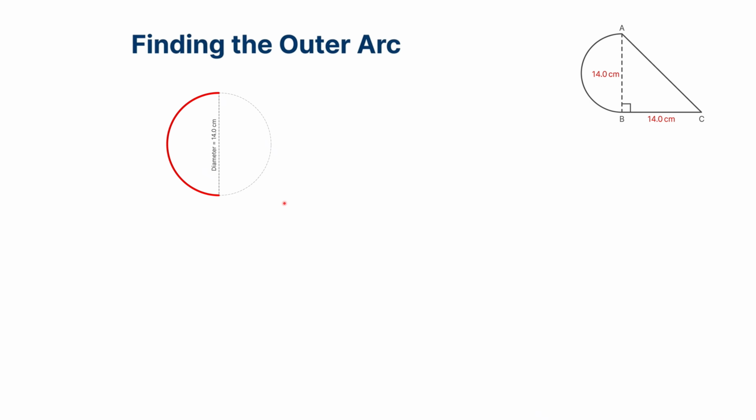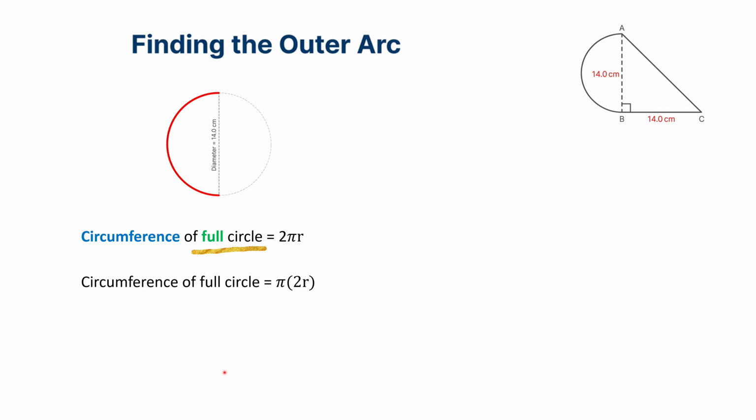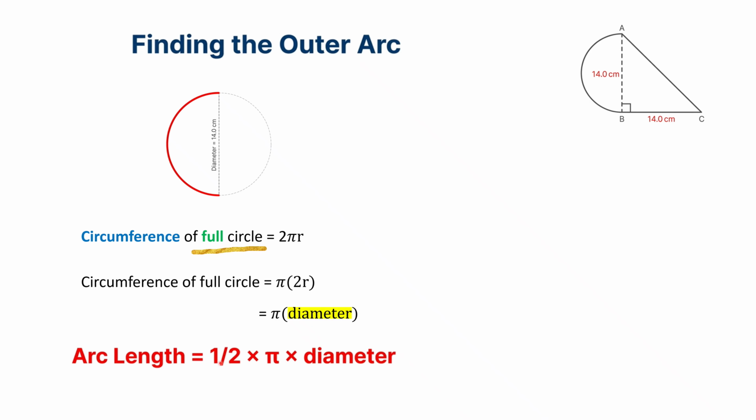The circumference for a full circle is given by 2 pi r, where r is the radius of the full circle. So finally, the arc length is pi times 2r divided by 2. Why divided by 2? Because this formula is for a full circle, and we need only this part, which is half of the full circle.